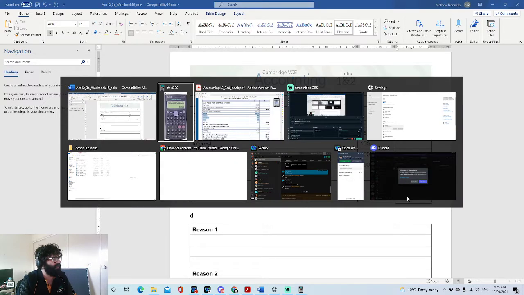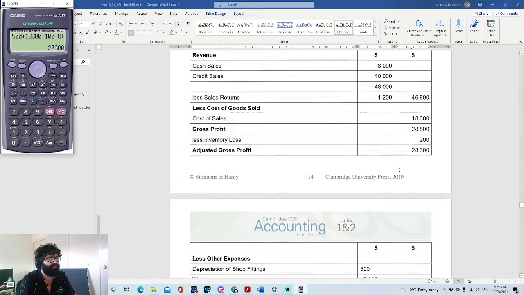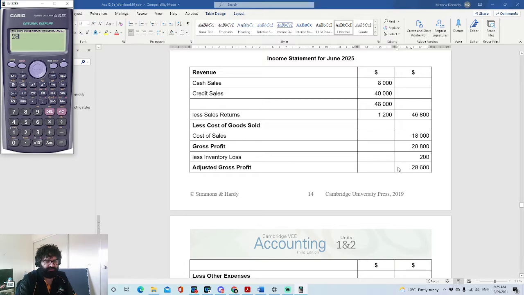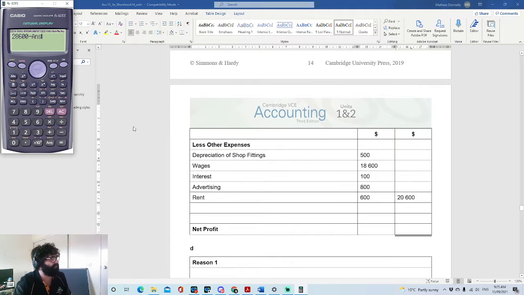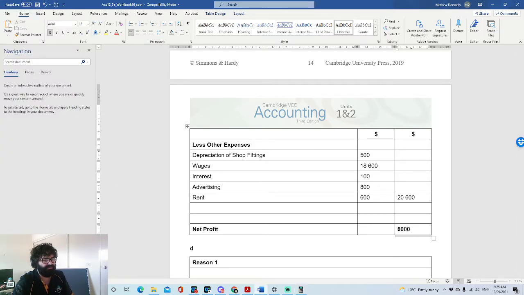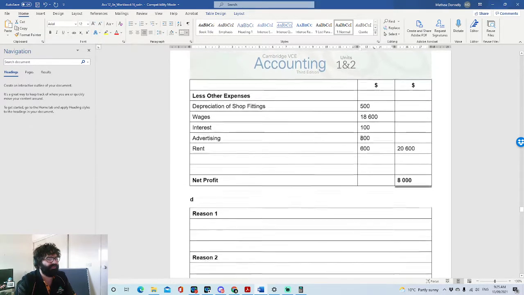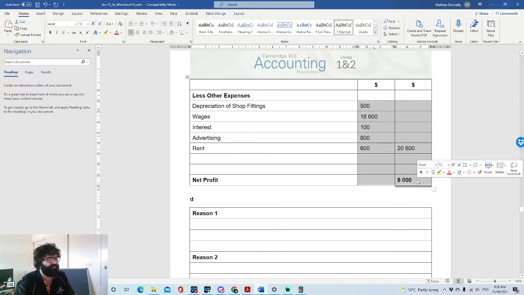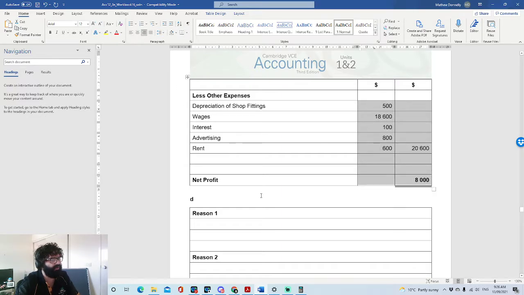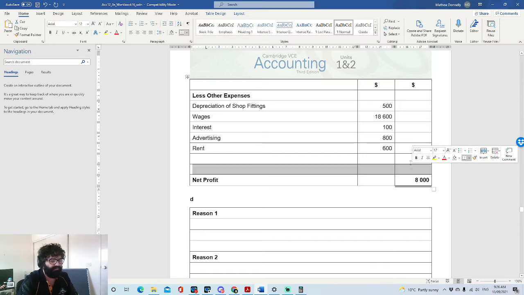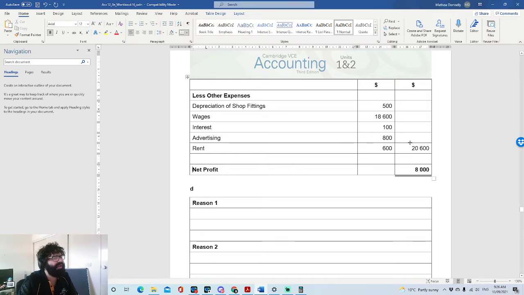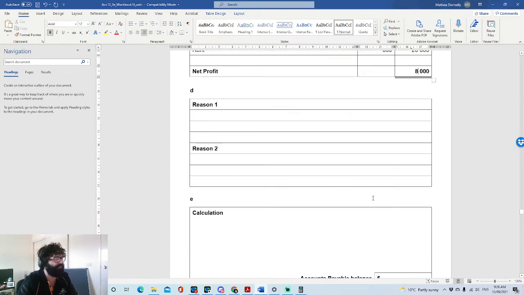And then for the net profit, we start off with 28,600 minus that answer, because the previous sum we did was our expenses, and we're left with a net profit of 8,000. Hooray! Go us. So now I just need to readjust all this. And that is our net profit for the period.